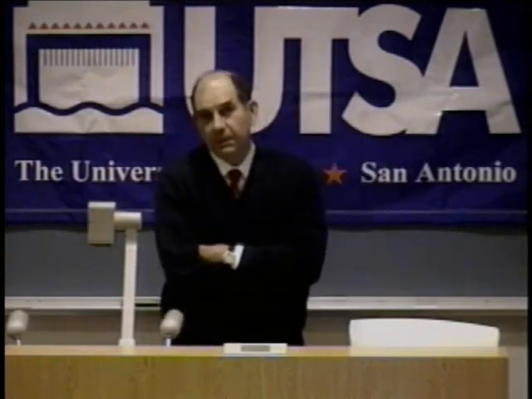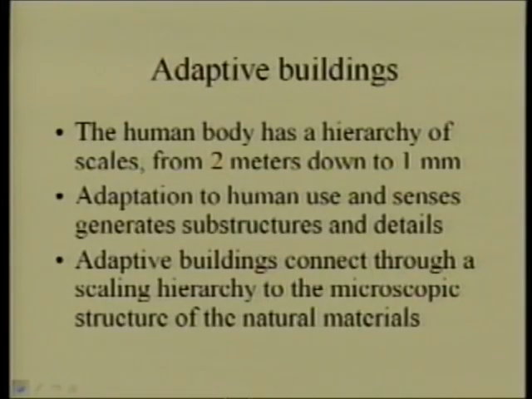And that is what my colleagues and myself, not my mathematical colleagues, my architectural colleagues, have learned from the great adaptive architecture of the past, the formal architecture of the past, and also the vernacular architecture of the past. So all adaptive buildings will connect through a scaling hierarchy down to the microscopic structure of natural materials.